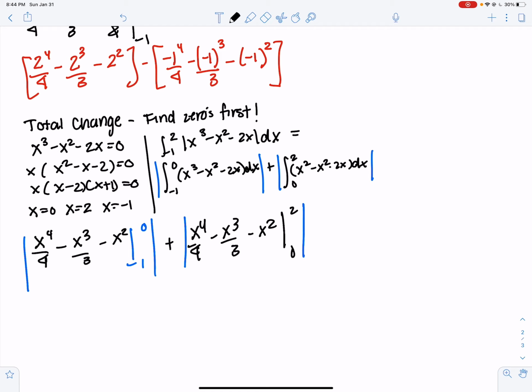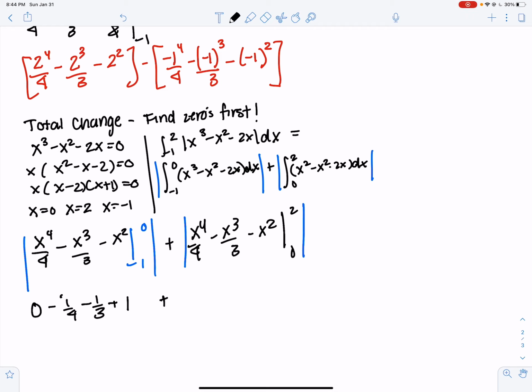Okay, so we end up getting 0 minus 1/4 minus 1/3 plus 1, and this is going to be positive, so I'm not going to do anything there.